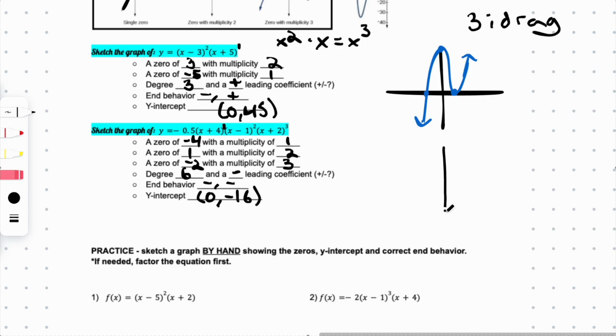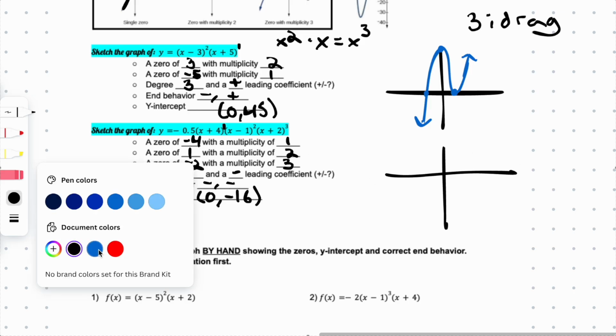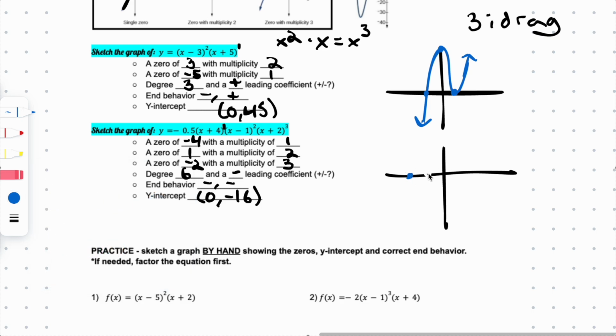Okay, now let's try to graph this. Okay, maybe something like that should work. Okay, so we have a 0 at -4, -2, and 1.